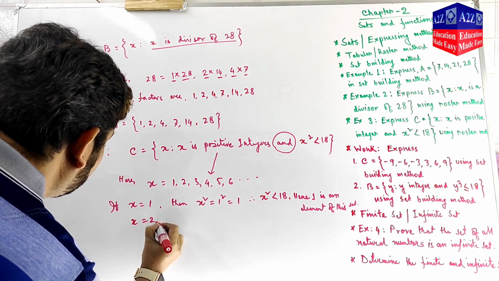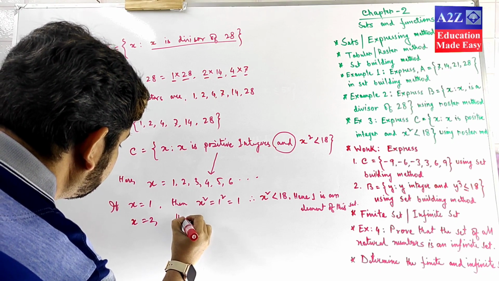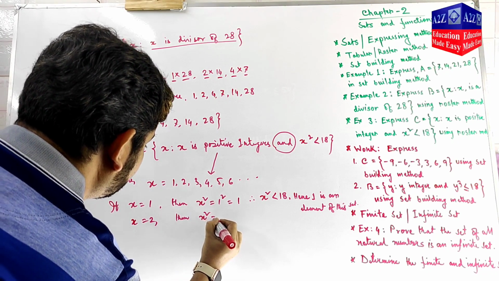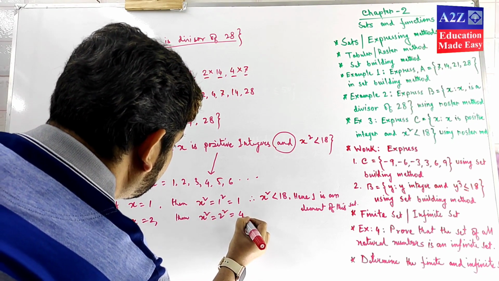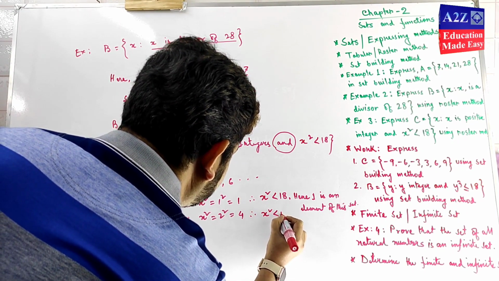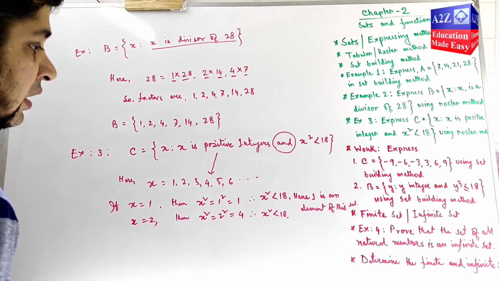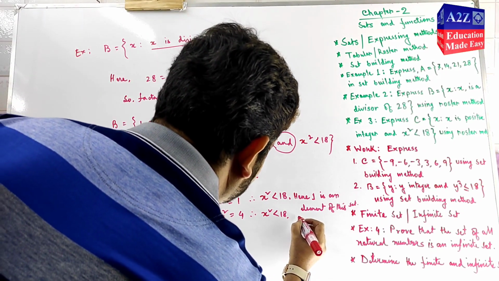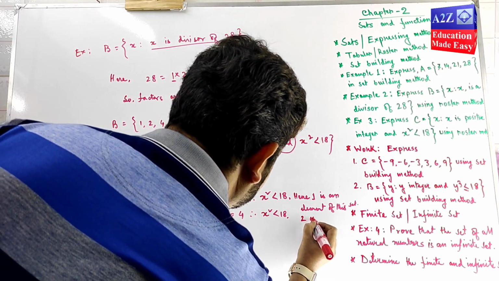If x equals 2, then x square equals 2 square equals 4. Therefore x square is less than 18, so 2 is also an element of this set.